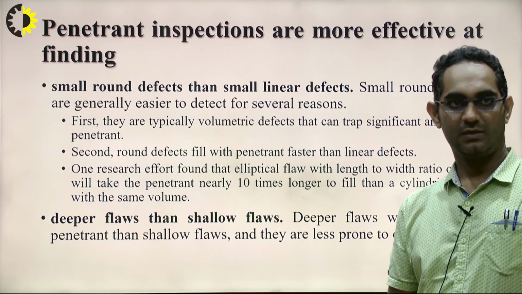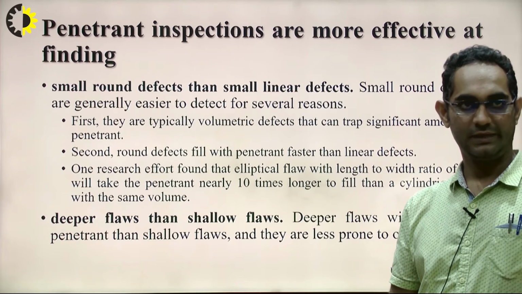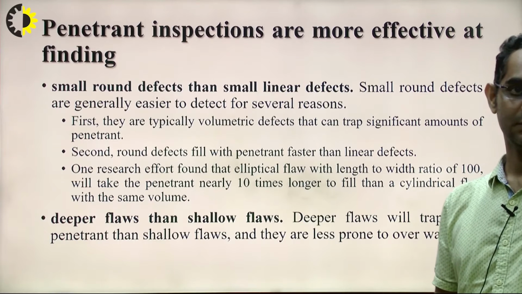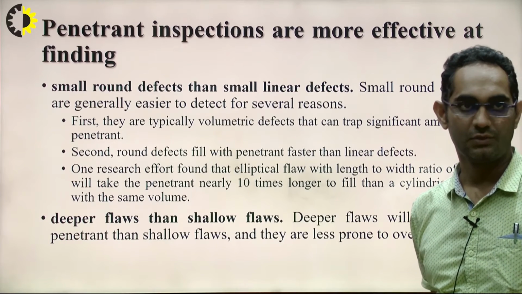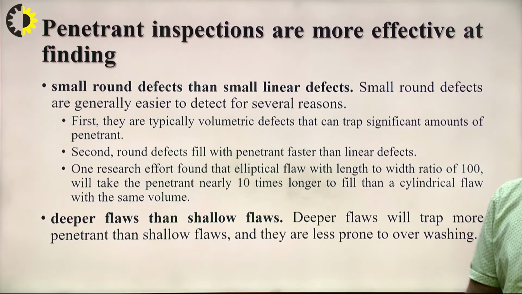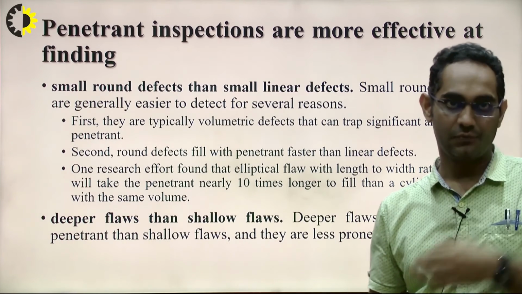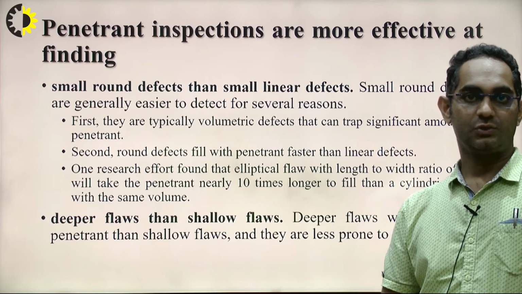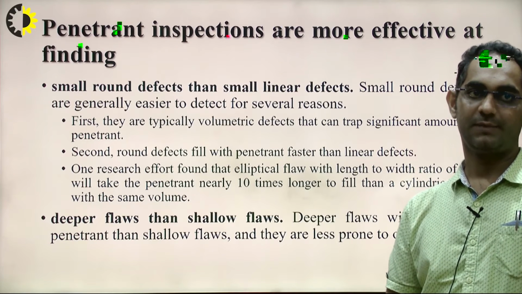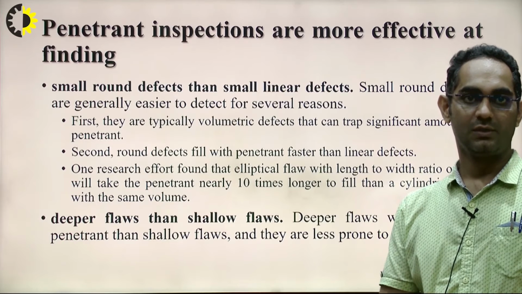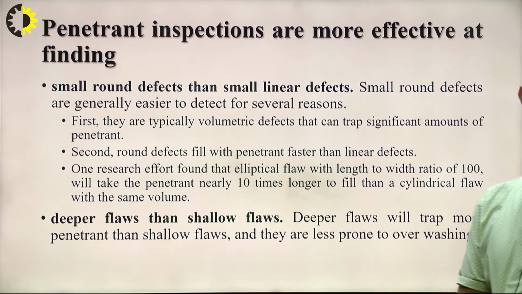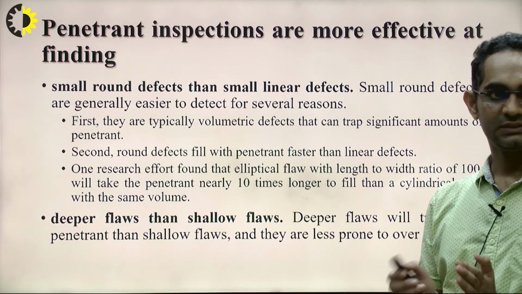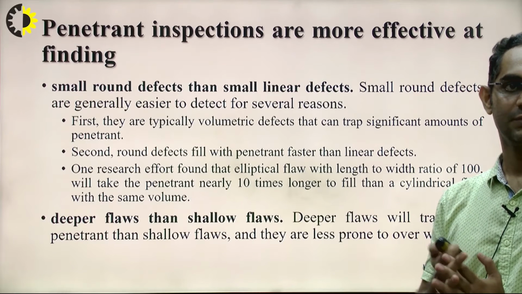Second, round defects fill with penetrant faster than linear defects. One research effort found that an elliptical flaw with a length to width ratio of 100 will take the penetrant nearly 10 times longer to fill than a cylindrical flaw with the same volume. So, this is for small round defects as compared to small linear defects.